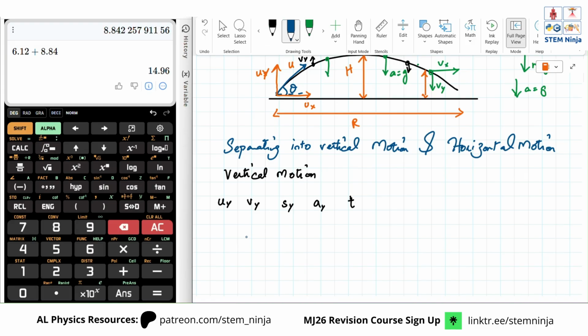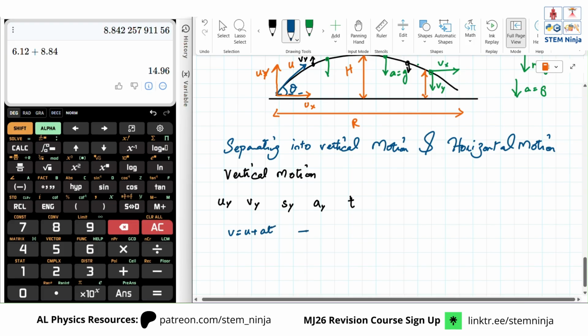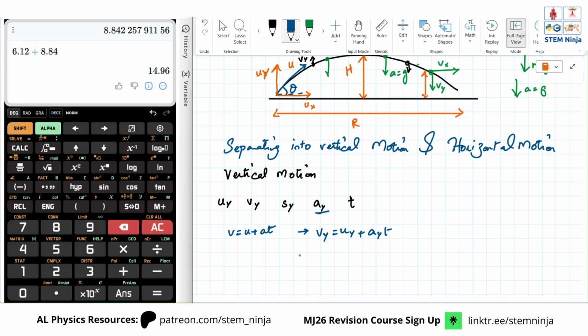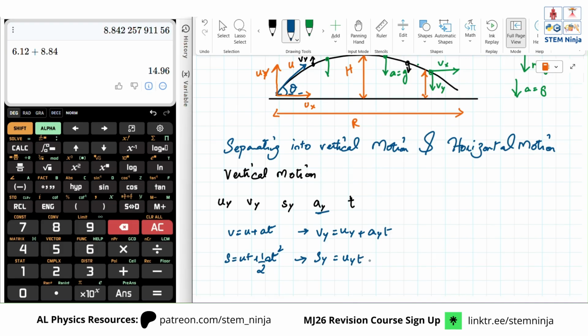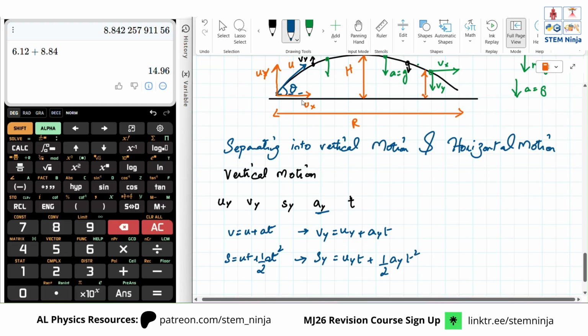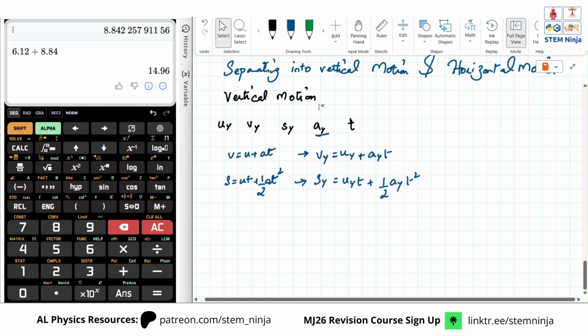So we can reformat the equations of motion for vertical. v equals u plus at becomes vy equals uy plus ay t. s equals ut plus half at squared becomes sy, net displacement, equals uy t plus half ay t squared.